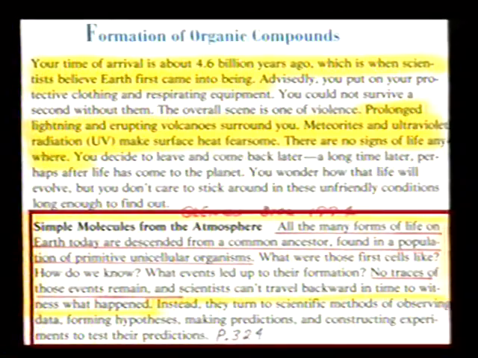Look at this textbook. It says, all the many forms of life on Earth today are descended from a common ancestor, found in a population of primitive unicellular organisms. Now, hold it. There's no such thing as a primitive unicellular organism. But they show the kids that we evolved from something other than we are today, and nobody's ever seen any animal produce a different kind of animal.